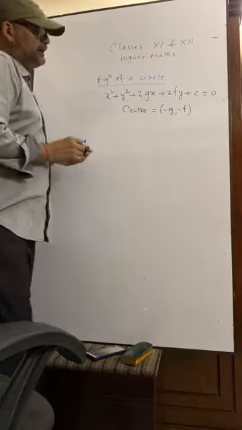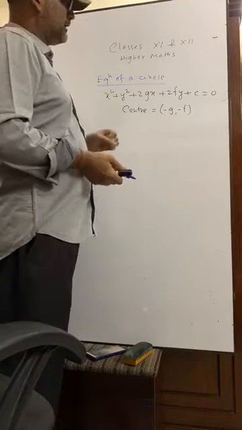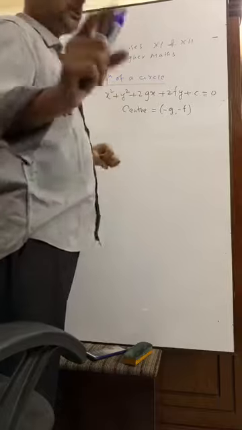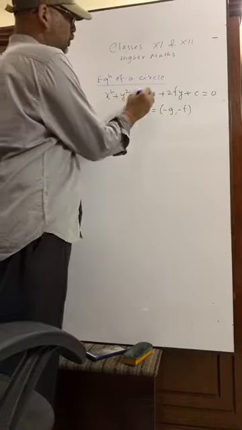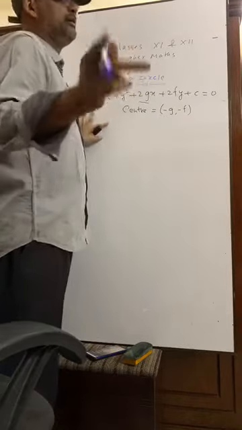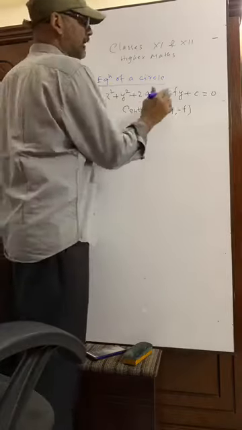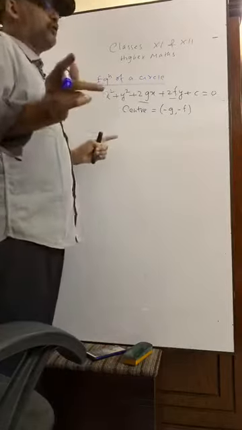See, this center can be easily found by dividing the coefficient of x by minus 2. Remember one thing, the coefficient of x is to be divided by minus 2. Similarly, the coefficient of y is to be divided by minus 2.